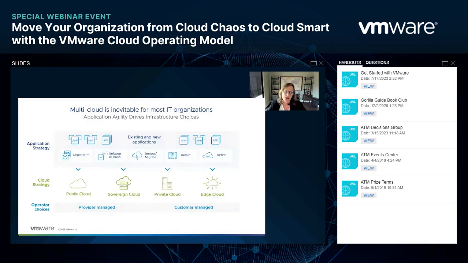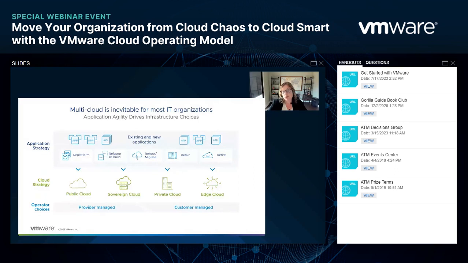And that's because when you look at your application strategy, you are going to approach it on an application by application basis, and not all applications are going to have the same strategy. Some simply you will want to re-platform to a more modern platform and get rid of some of that tech debt. Some are going to be prime candidates to refactor or rebuild with cloud native components and really take advantage of the new way of building applications for the cloud.